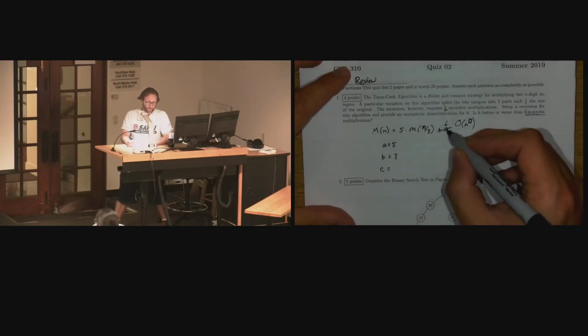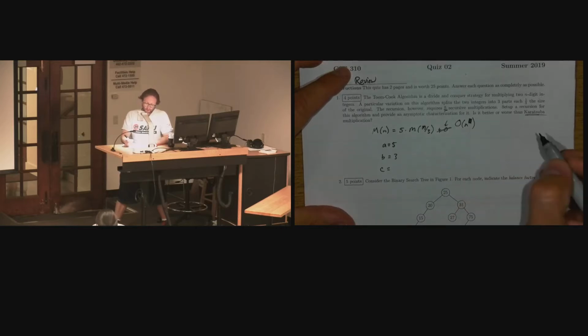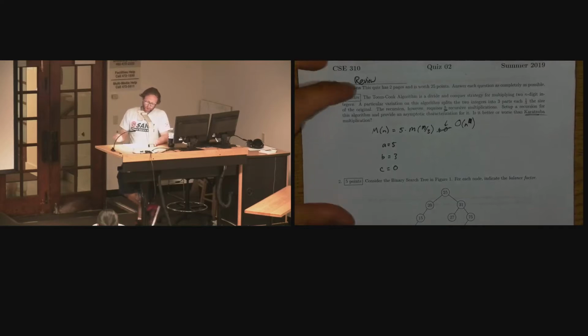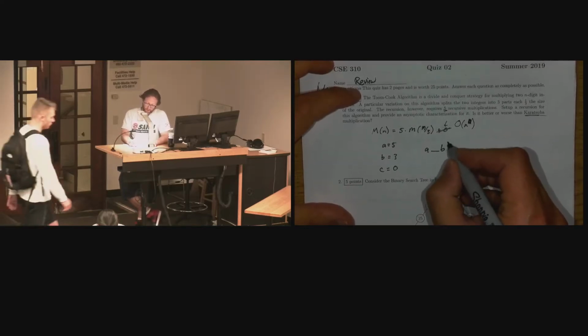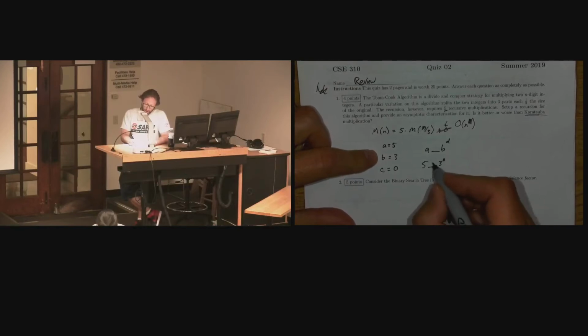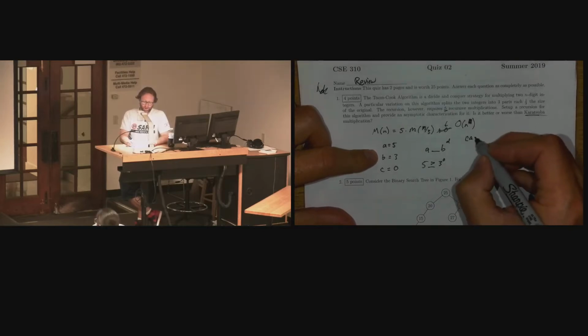Well, if it's constant, if it's 0, then it's order n to the 0, right? It's just constant. So now you just need to look at A versus B to the D. Well, 5 versus 3 to the 0, and you come up with that it's strictly greater than. Okay, and I think that is from memory case 3.